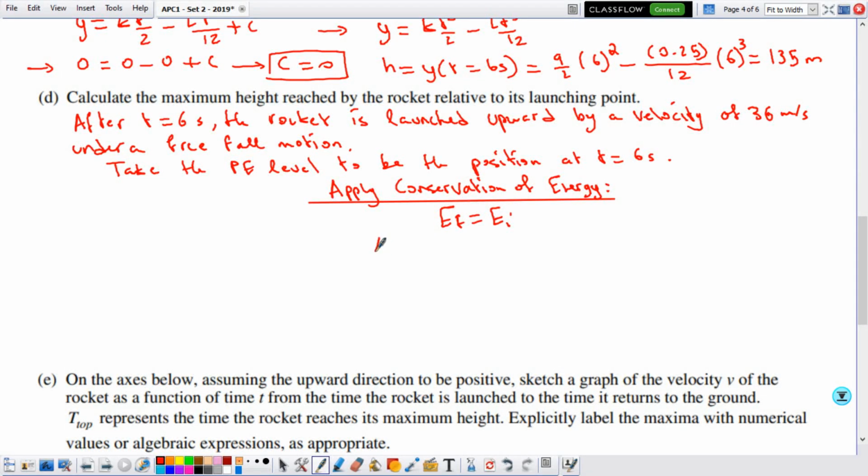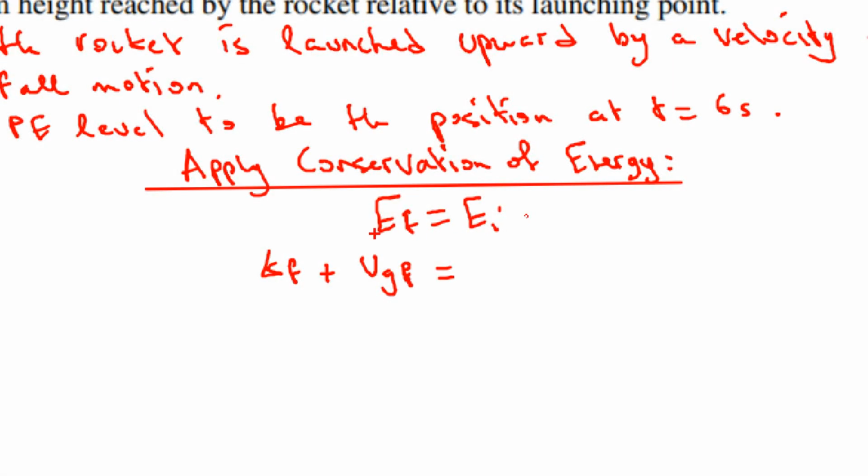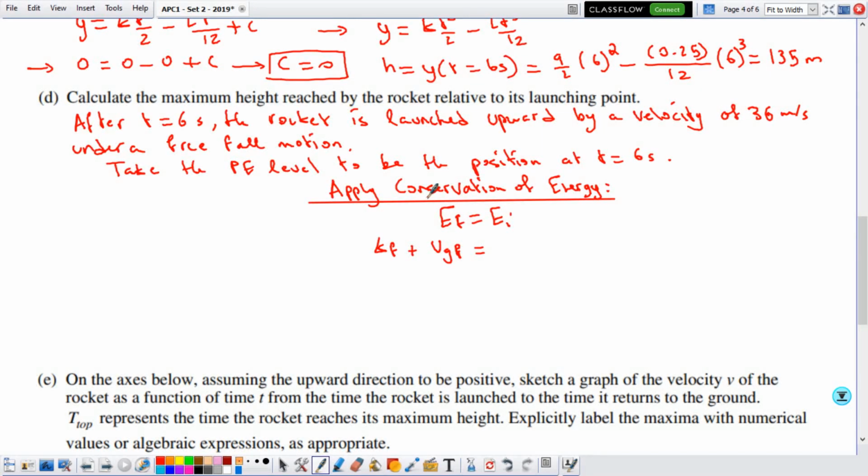Now the final energy is given by kinetic energy final plus gravitational potential energy final. Initially, the initial point is at t equals 6 seconds, and the final point is after it reaches maximum height with vanishing speed. The initial energy would be kinetic energy initial plus gravitational potential energy initial.